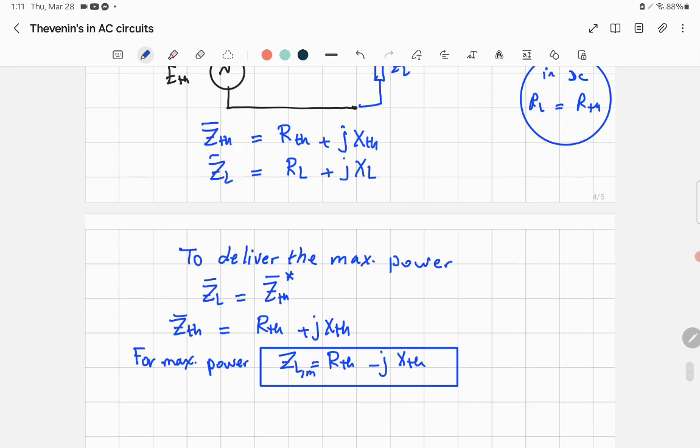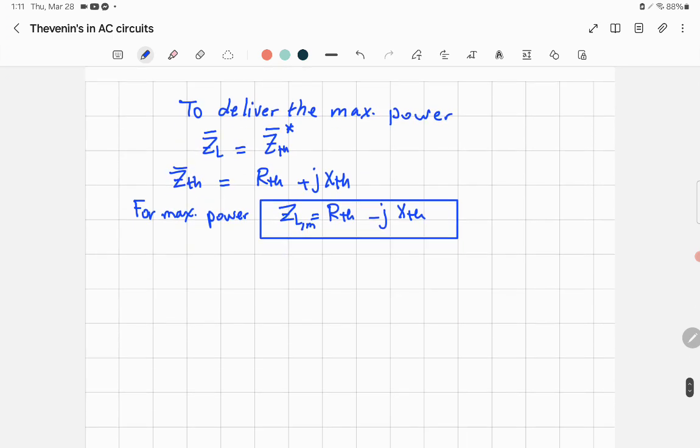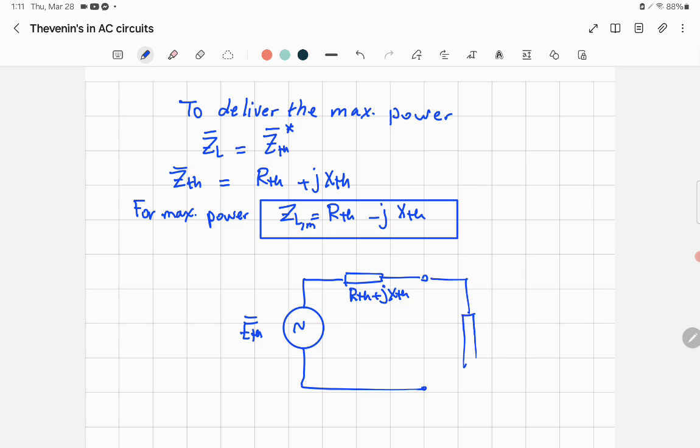So when you add them, imagine now we have the circuit. You have E Thevenin as it is, and then the impedance of Thevenin, R Thevenin plus JX Thevenin, and then you connect the load, which for maximum power will be R Thevenin minus JX Thevenin.